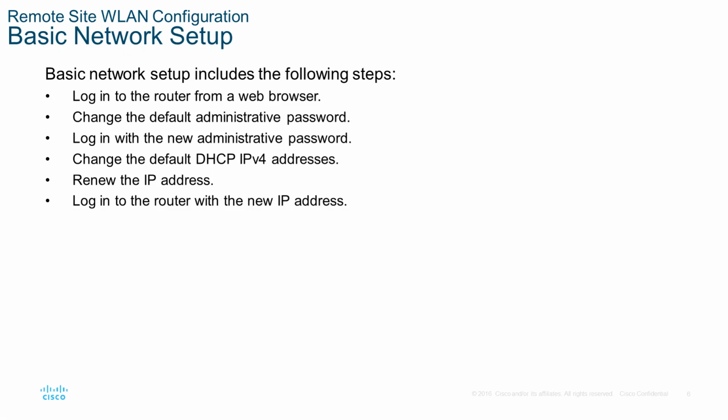So if anybody had logged in using the DHCP server, they get their addresses renewed, and then re-log in to the system again. Because you've changed the IP addresses, you will lose your connection, so you need to re-log in.